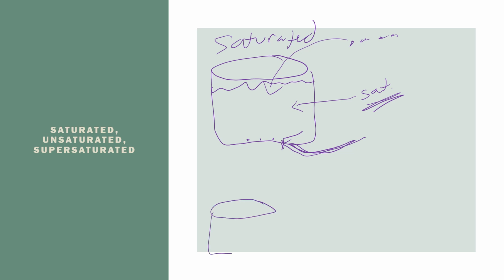So you'll have a lot more particles than could normally dissolve. That's supersaturated. But if you agitate the solution in any way, as long as you do something to it, basically, all of the excess will precipitate out immediately.